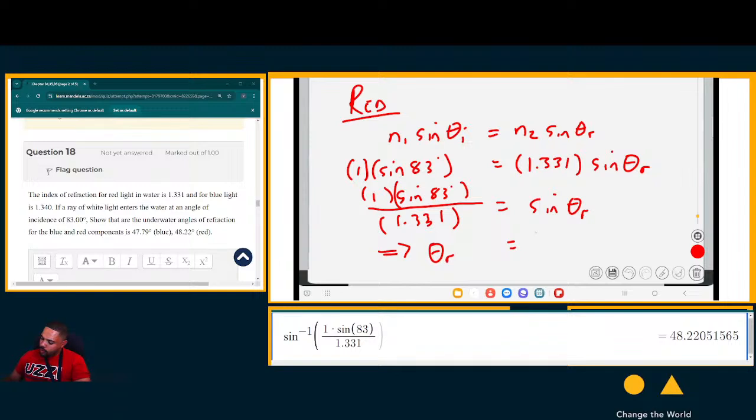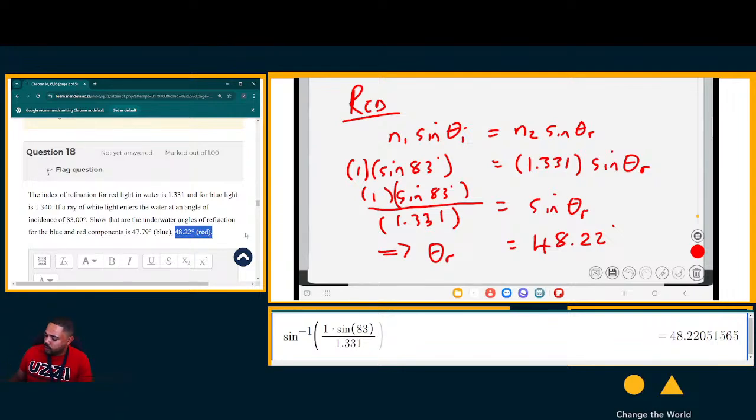There we have that the refracted angle for red light is 48.22 degrees. Now let's go check. Is this what we should have gotten? Yes, indeed. We showed that the angle of refraction for red light is 48.22 degrees.